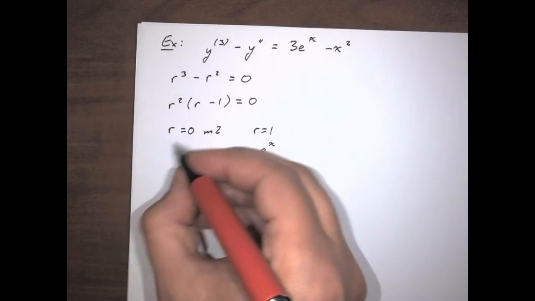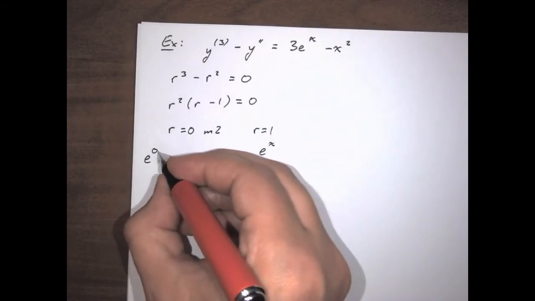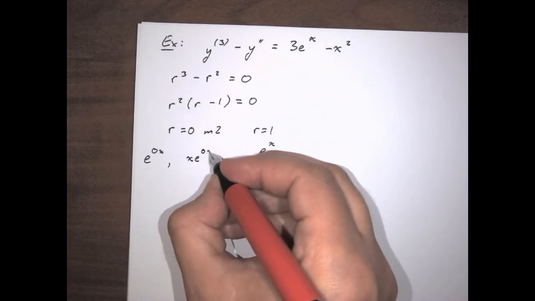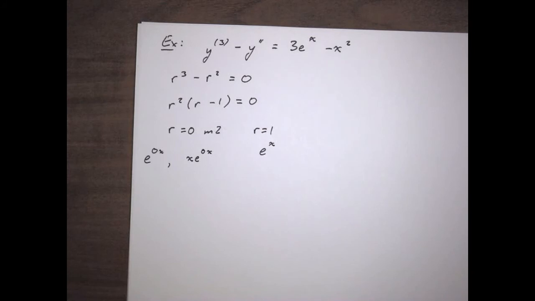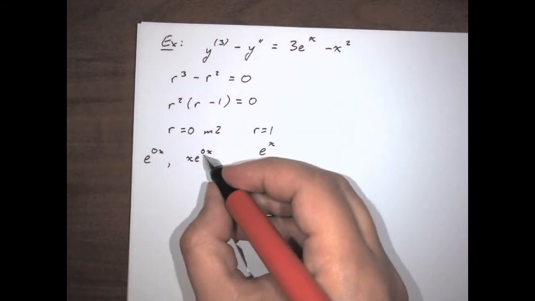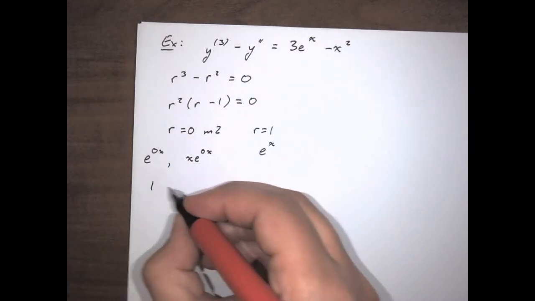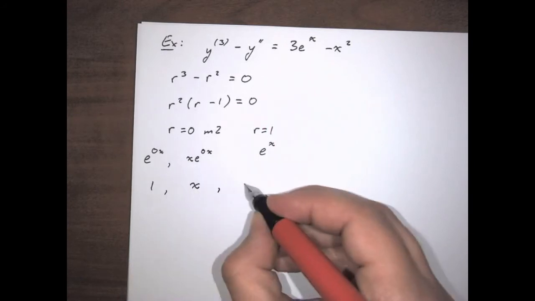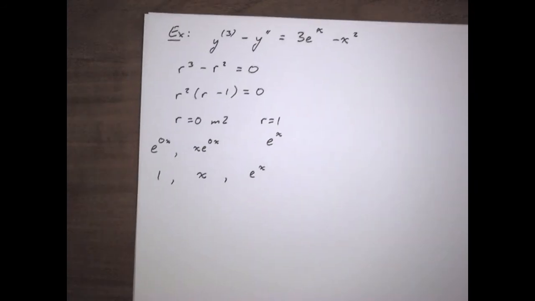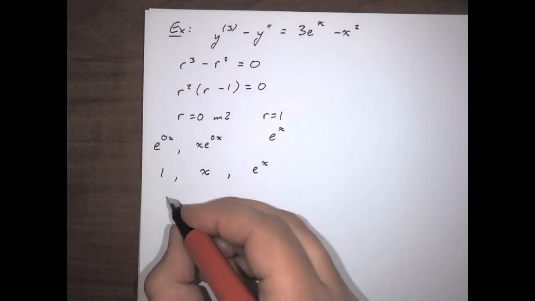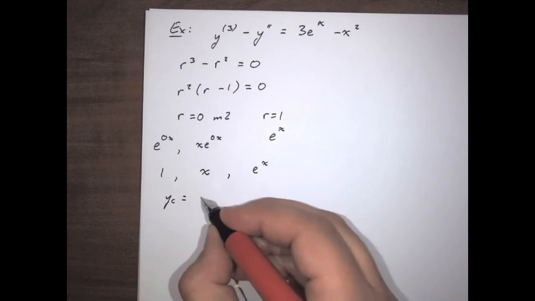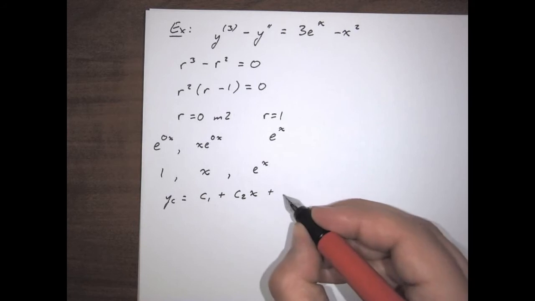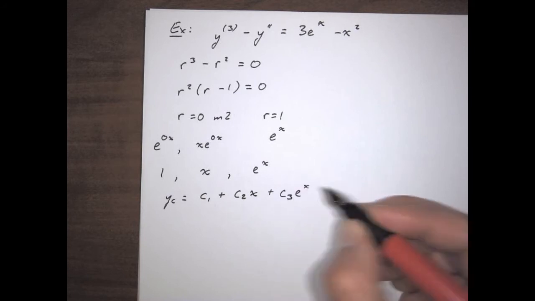This is going to give you e to the 0x and x e to the 0x. Again, we avoid duplication by throwing in an x. So this is just going to be 1 and x and e to the x for our pieces, which means our complementary solution is going to be c1 plus c2 x plus c3 e to the x.